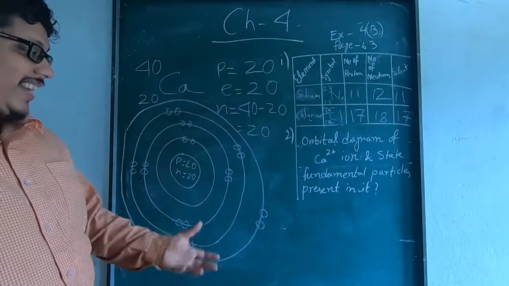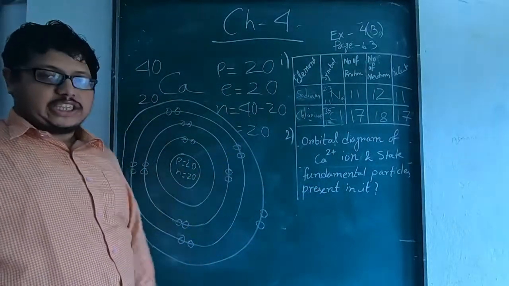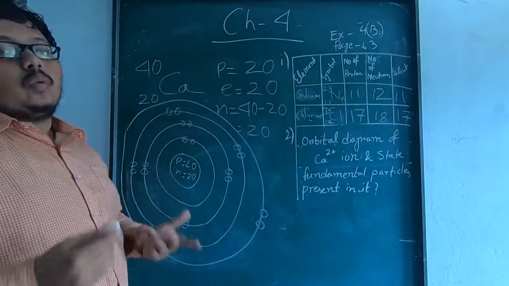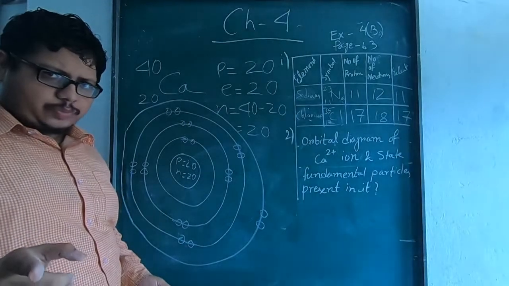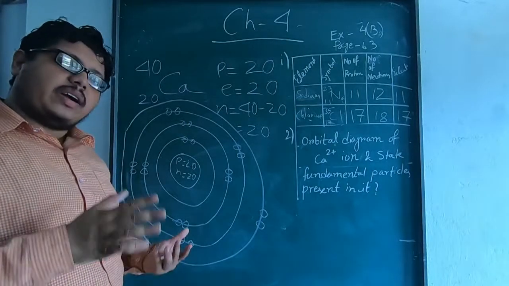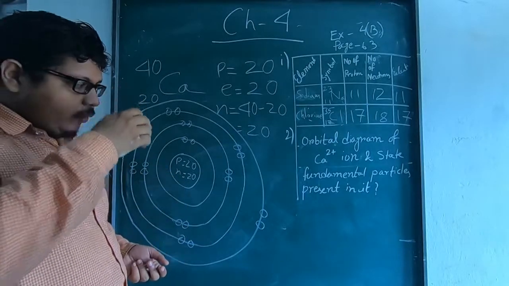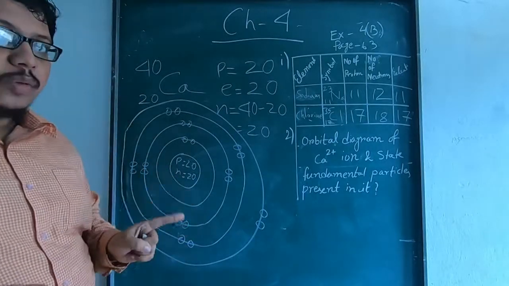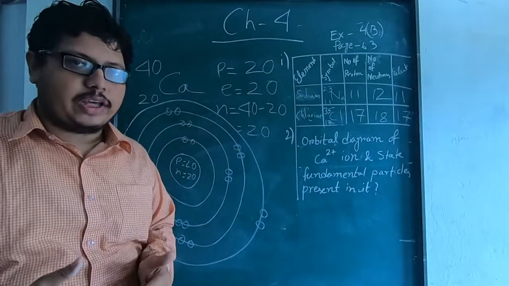In order to understand how we will draw the calcium ion, first of all we need to know what ions are. Now what ions are is not new to you. We discussed ions earlier in class 8 also, but let me give you a revision. In the last part of the last class, we discussed stable electronic configuration.